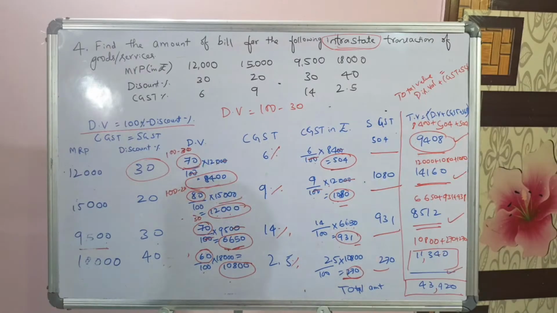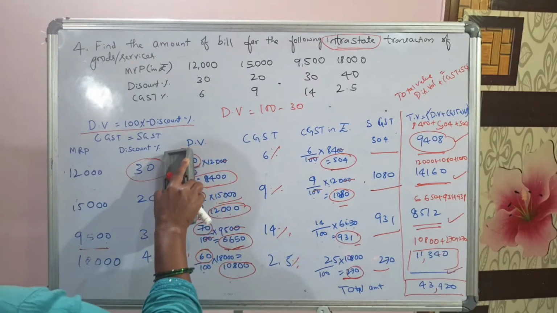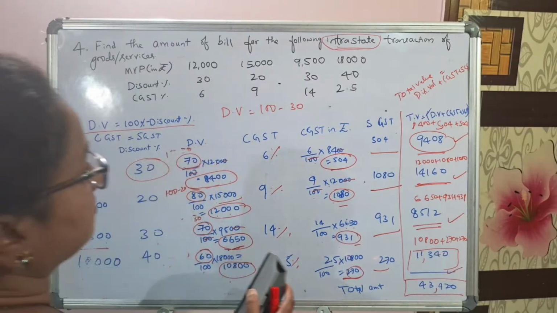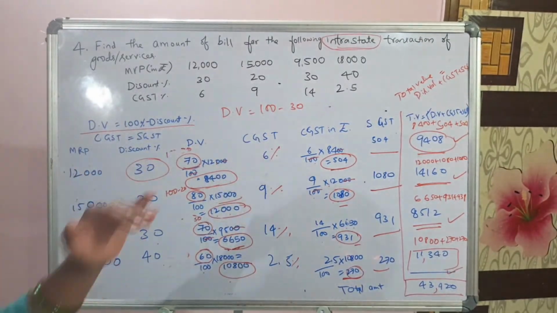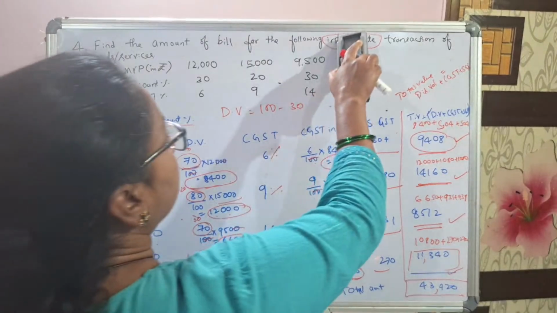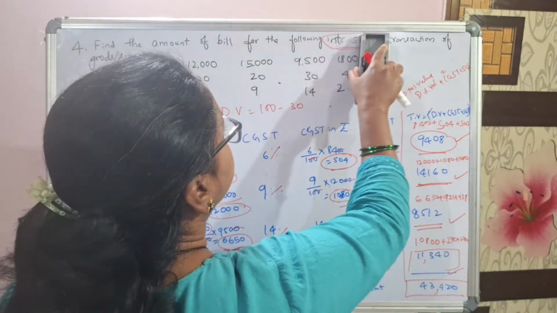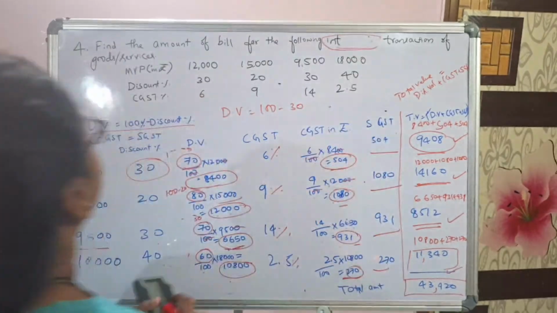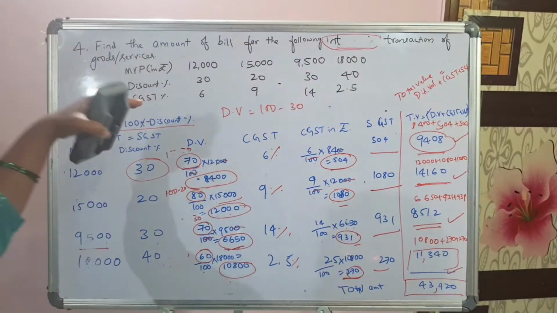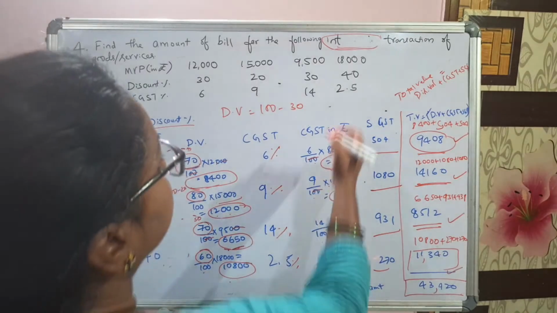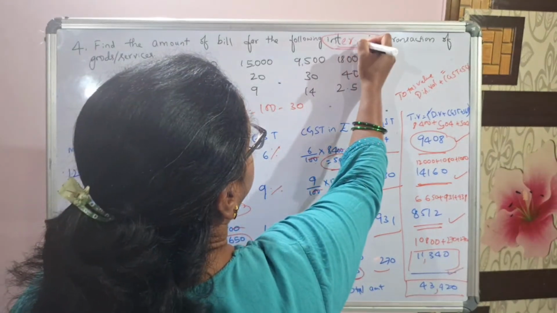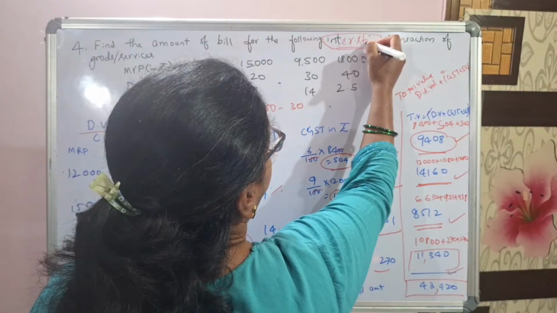Okay, we'll jump on to the next question. For the next question, only a small change is needed. For the same given data, we have to calculate the interstate transaction.